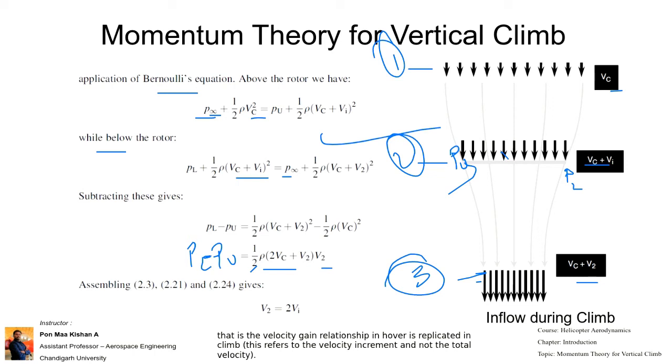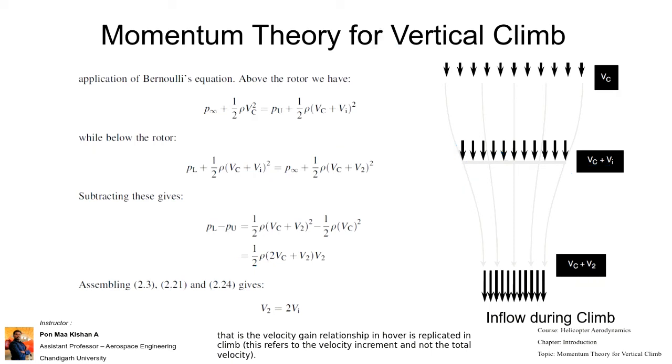Let's take this as equation 1 and equation 2, and substituting, taking P infinity to the other side, finally we will be getting the pressure difference, that is PL minus PU, otherwise called delta P.